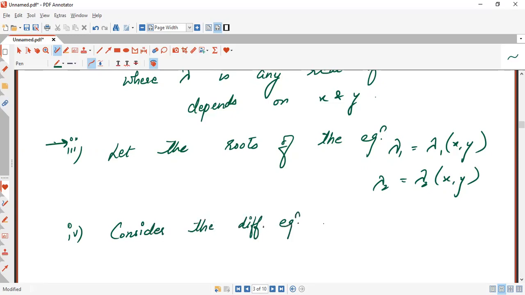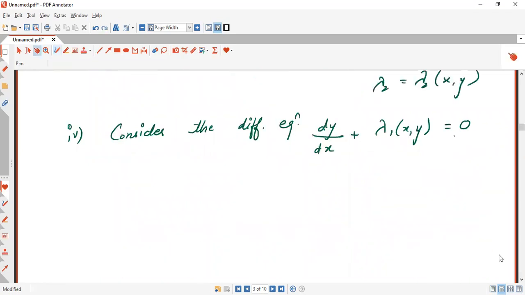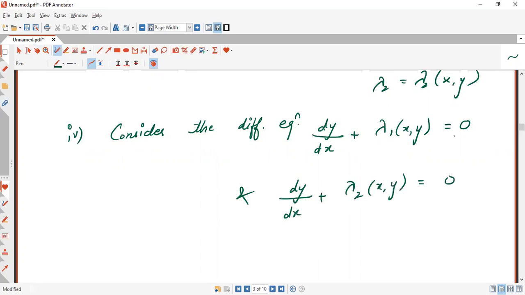The equation dy by dx plus lambda 1, and dy by dx plus lambda 2, with the given solutions that you have found, will be in terms of x and y. So you have to use separation of variables or any other method to find the functions, which will come in terms of x and y, right?